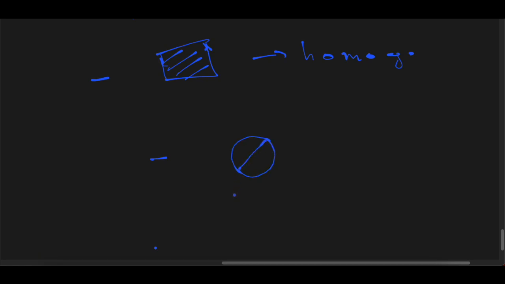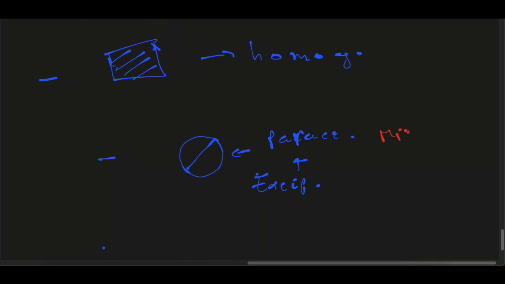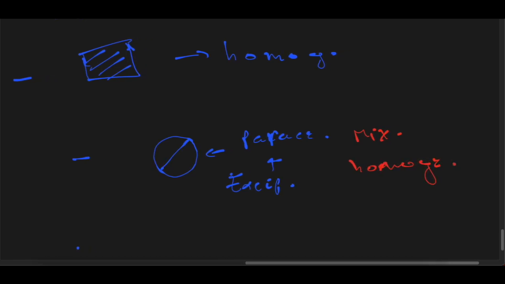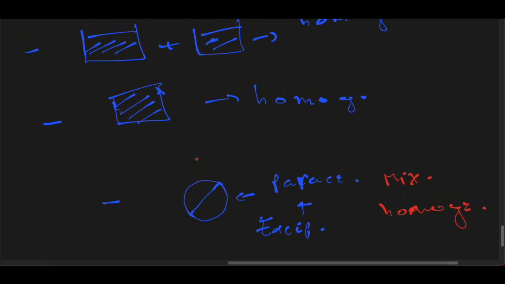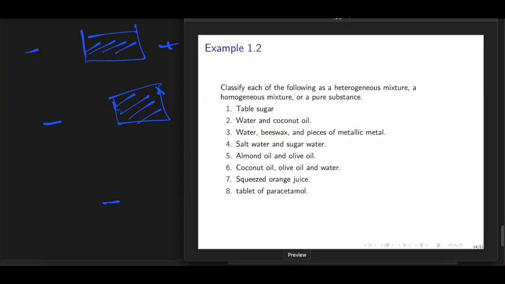Here we have paracetamol, which is the active ingredient, and we have also excipients. We cannot notice this mixture, so it is homogeneous. So we can see here that we can have a solid mixture which is homogeneous.